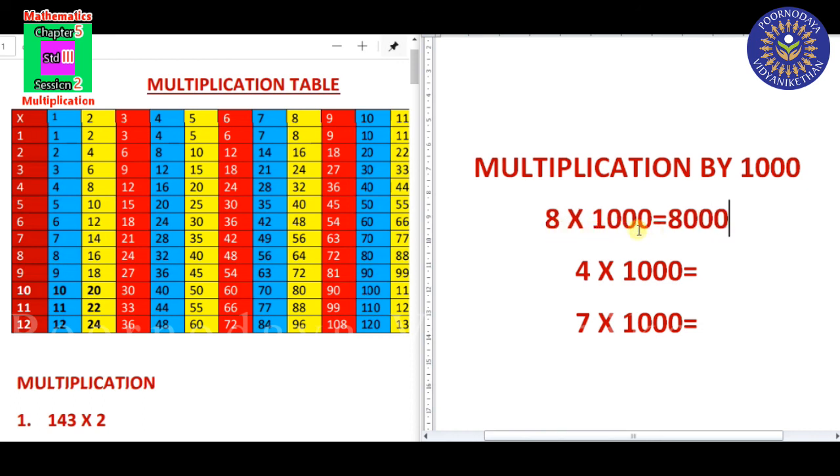So, 8 into 1000 is equal to 8000. Clear? Next, 4 into 1000. Write 4 and put 3 zeros at the end. 4 into 1000 is equal to 4000. Clear? Next, 7 into 1000, 7 and put 3 zeros at the end. So, 7000. Did you understand?